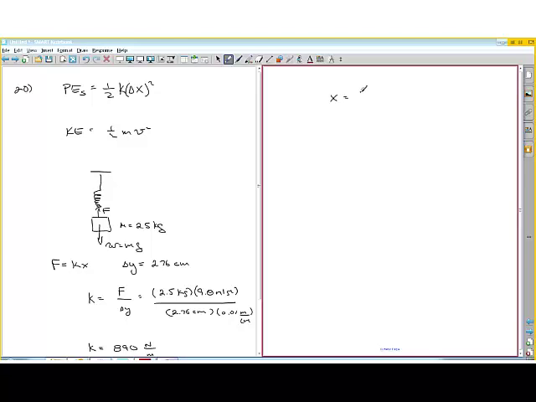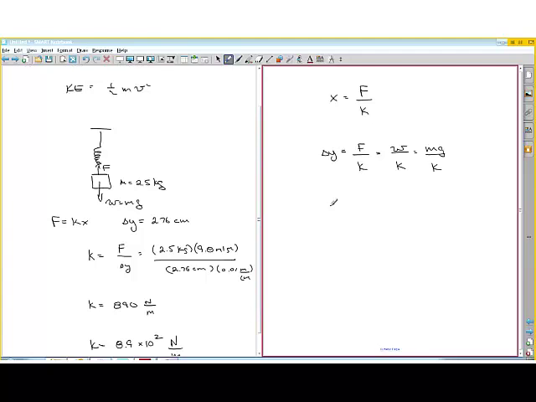So we can say delta x is equal to F over k, or in this case delta y, the displacement, is force divided by k. The force is just the new weight associated with the new mass. So we have the mass times acceleration due to gravity over k. We have k now because we're using the same spring.